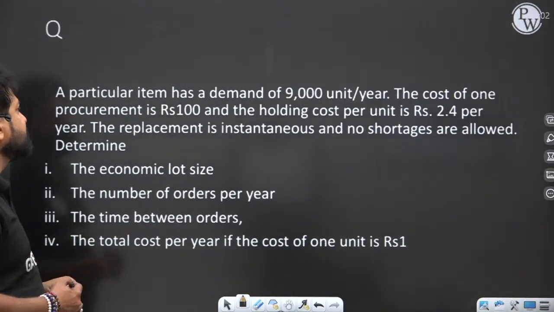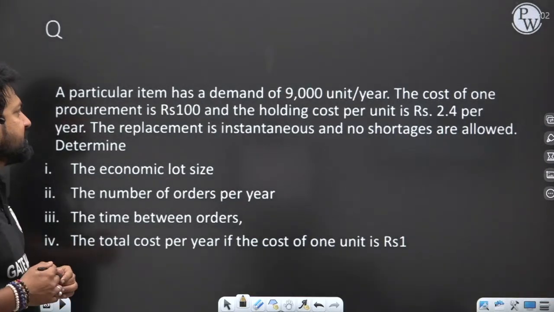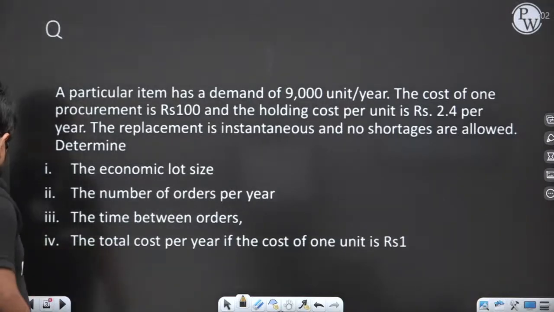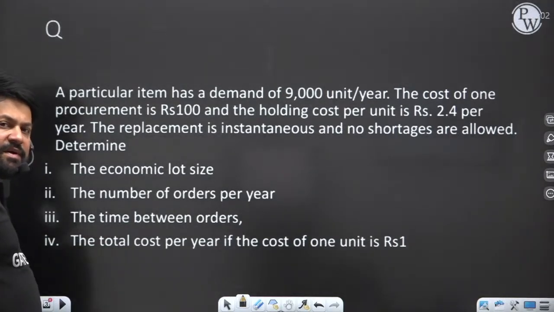So what does it say? A particular item has a demand of 9,000 units per year. He says that there is a demand of what? 9,000 units per year.